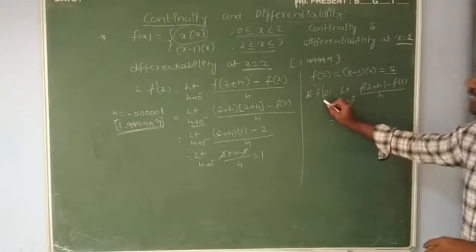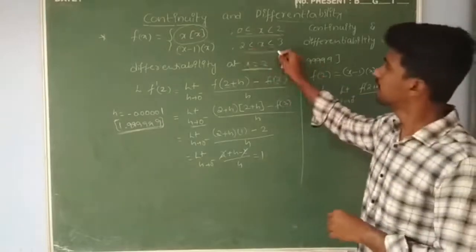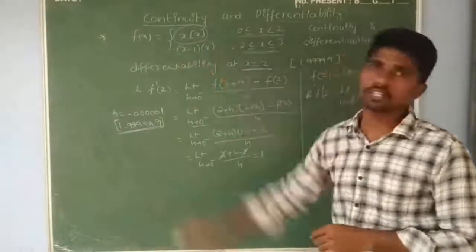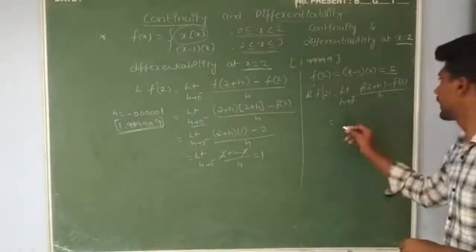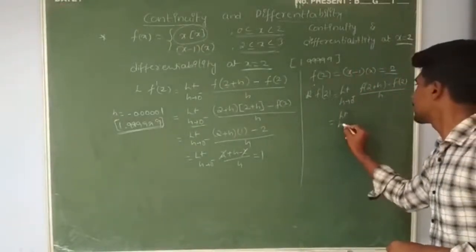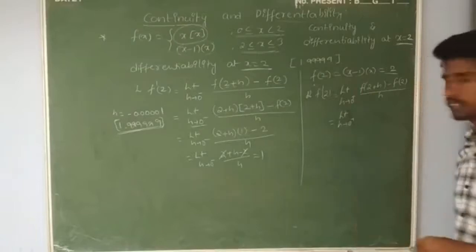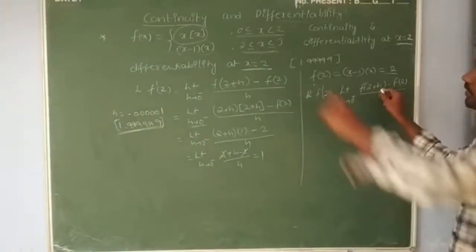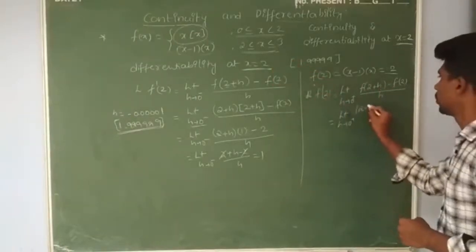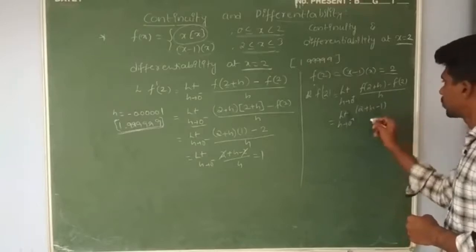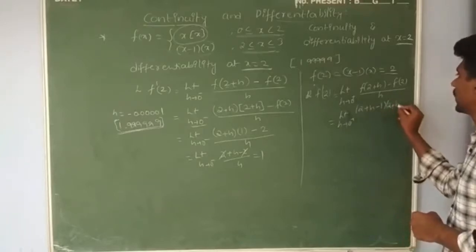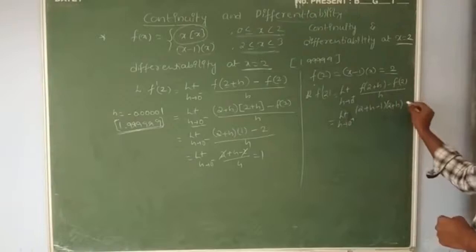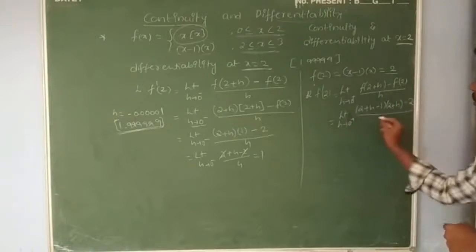So the function is defined in the interval as x minus 1 into x. So we get the limit h tending to 0 plus, f of 2 plus h can be written as 2 plus h minus 1 into 2 plus h. f of 2 is 2 by h.